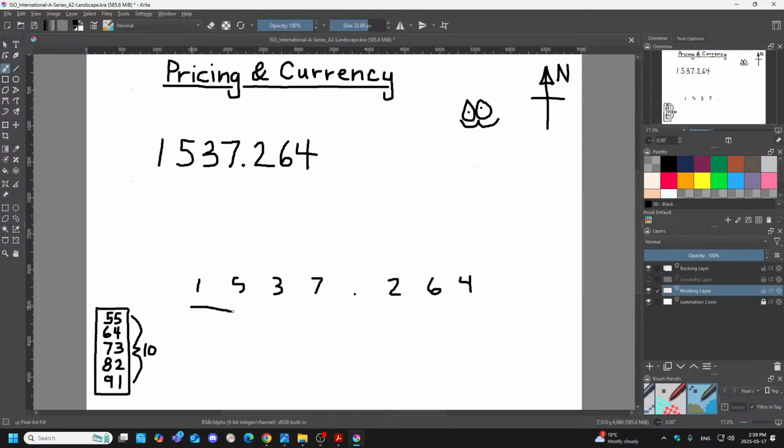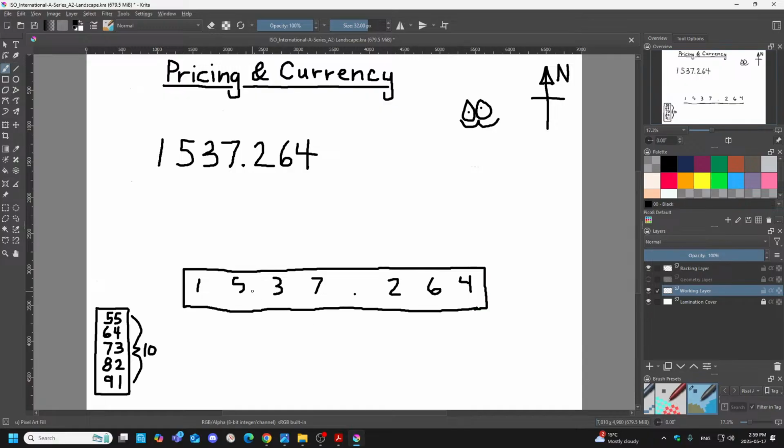I'm not going to be able to draw straight lines, guys. If I could make this snap a straight line, I would, but I can't.